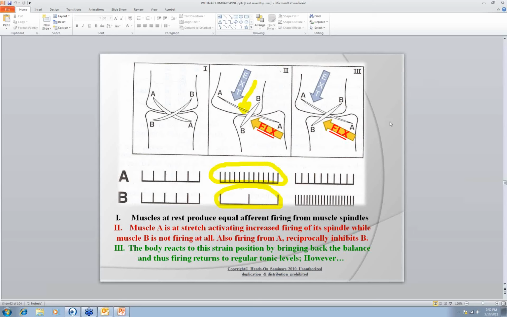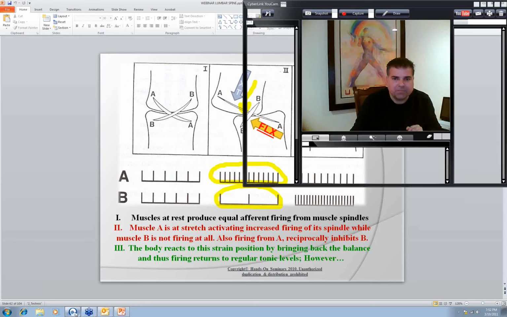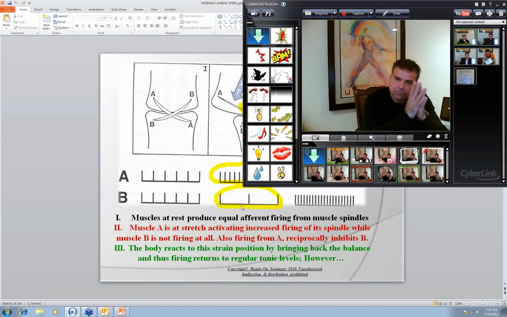Another thing that happens here is that because the extensor musculature is stretched, it provides, via reciprocal inhibition, even further relaxation and inhibition to the flexor musculature.